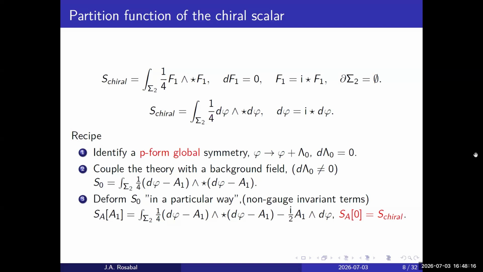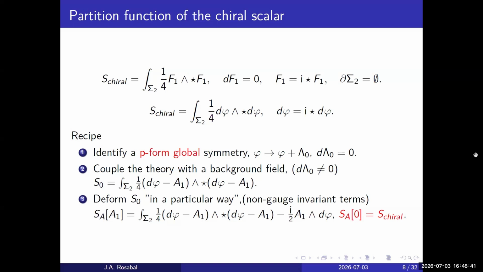It is invariant under this transformation. This is the first step in this construction, and these are the steps that I'm going to follow in the next constructions. The second step, similarly to the previous example, is you relax this condition. You relax this condition, but by relaxing it, now it's not a symmetry of the action anymore.